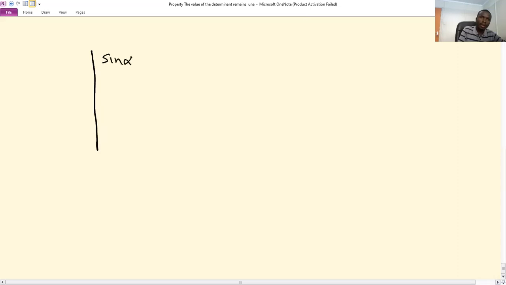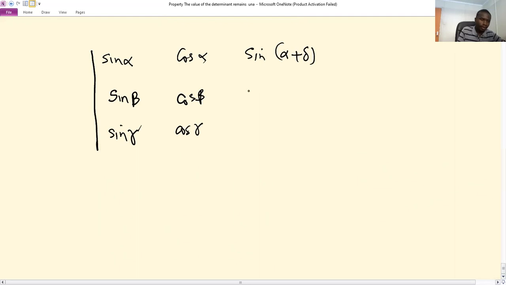The determinant has rows: sine alpha, sine beta, sine gamma; cosine of alpha, cosine of beta, cosine of gamma; and sine of alpha plus delta, sine of beta plus delta, sine of gamma plus delta.